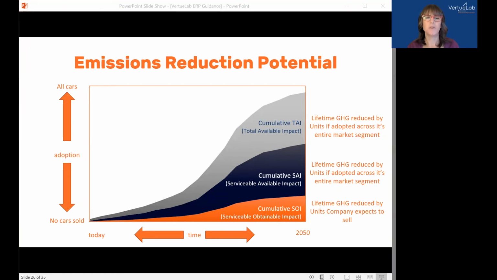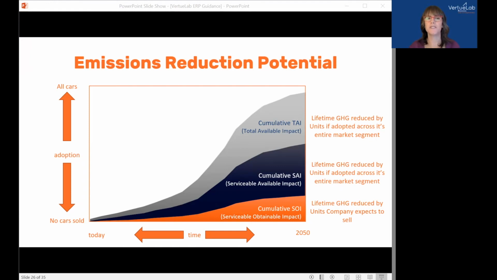The cumulative total available impact at the top there in gray shows the greenhouse gas emissions reduction that would be achieved if the technology were adopted by the entire automotive market between today and the year 2050. In the middle in blue, the cumulative addressable market shows the greenhouse gas emissions reduction that would be achieved if the cars were adopted by the entire market segment that this company is relevant to between today and the year 2050.